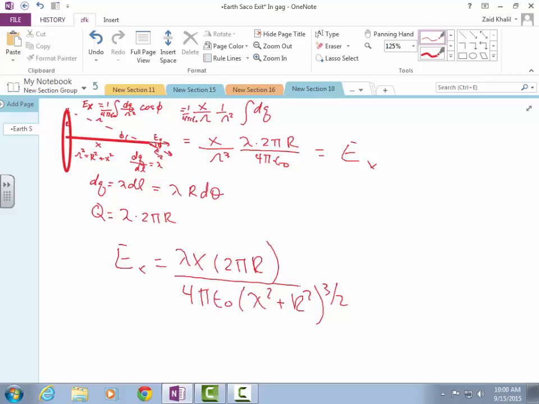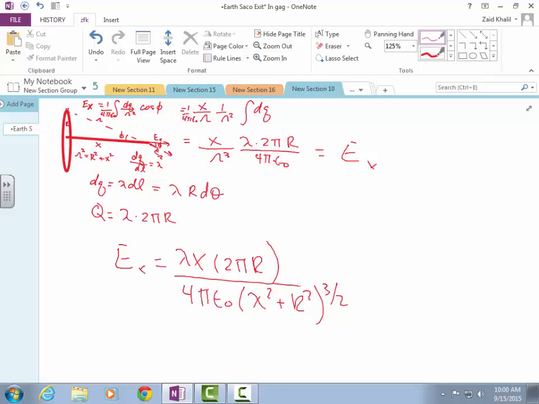What do you expect this to look like from very far away? Be careful. It should look like a point charge. And what is the electric field from a point charge? It's kQ over r squared, or Q over 4 pi epsilon naught r squared.